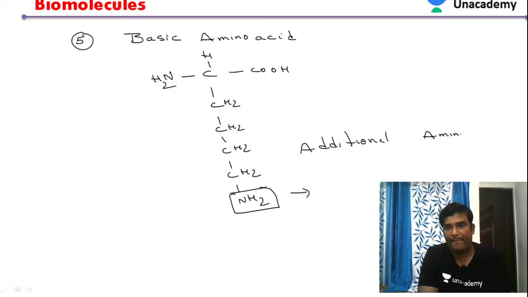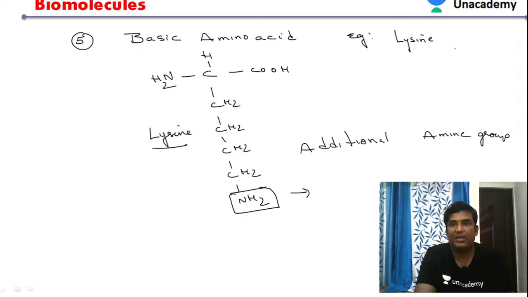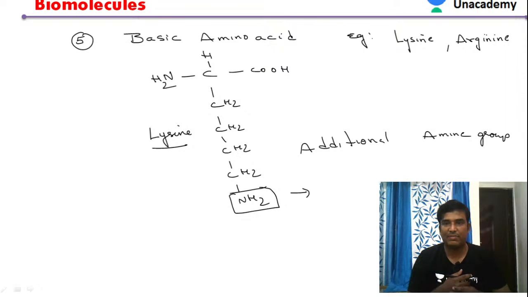This type of amino acid is a basic amino acid, that is lysine. The basic amino acid examples are lysine and arginine. So these are the best examples of the basic amino acids.